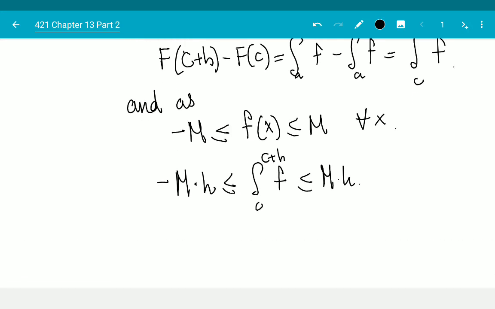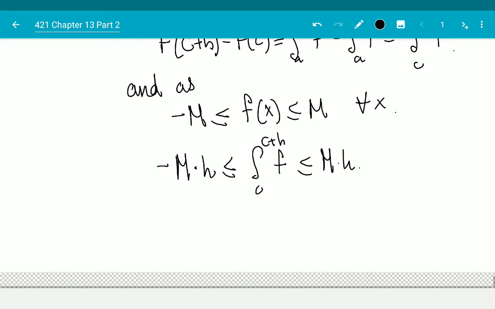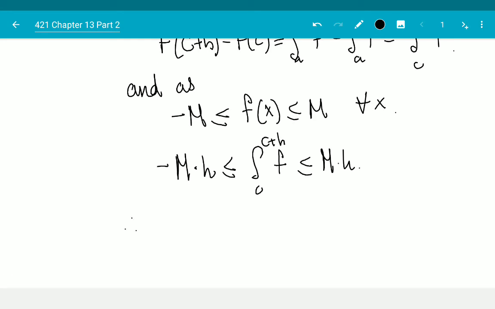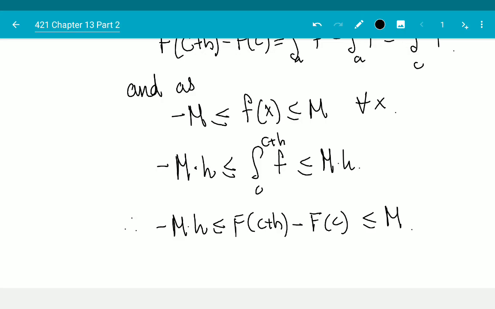Therefore, minus M times h is smaller than or equal to F of c plus h minus F of c, smaller than or equal to capital M times h. Right?